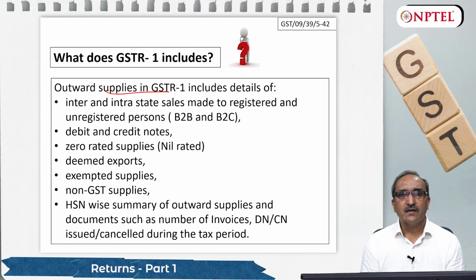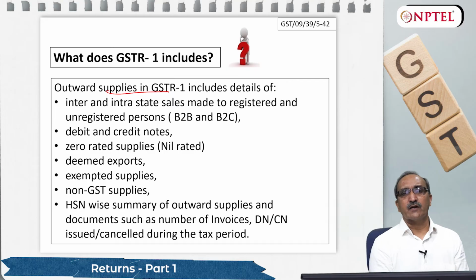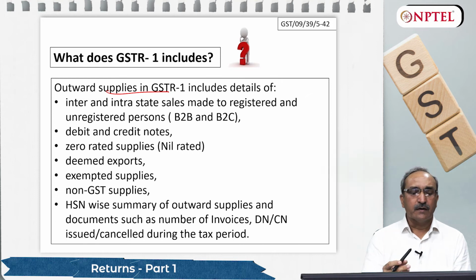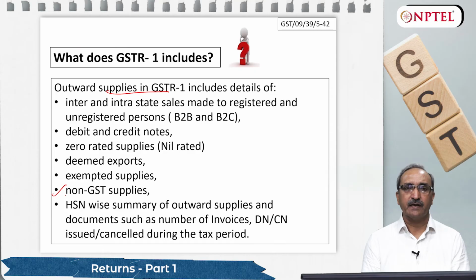The non-GST supplies are another category of goods. If you are dealing in these types of goods also, then you have to declare them in your GST return, that this much of goods I have sold under the category of non-GST supply. So we have to be very careful about all these categories of supplies.